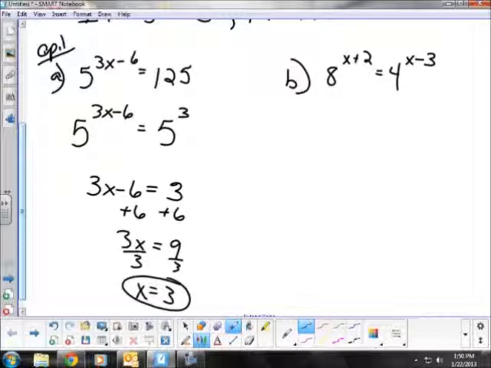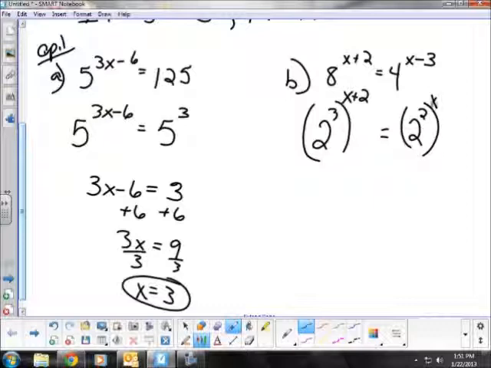We go smaller, y'all. We need a number that goes into both of these. 2, right? So 8 is 2 to the third, and that 8 was raised to the x plus 2 power, so we've got to write it that way. And 4 is 2 squared to the x minus 3.